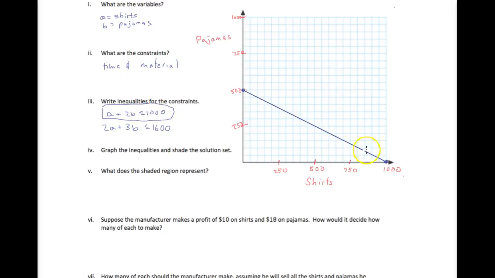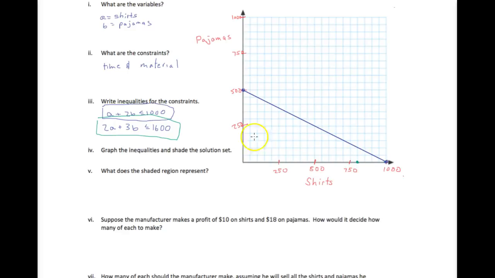Now the second equation. Let's just do the zeros again. The zeros are the quickest, easiest way. It's not going to be quite so pretty, but if we make absolutely no pajamas, we can get 800 shirts in those hours. These were marked by 50s, so this is 800 right here.